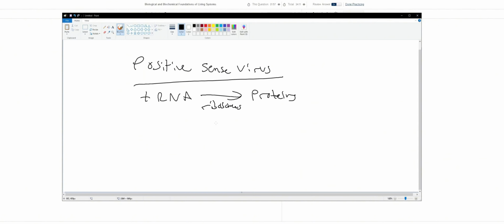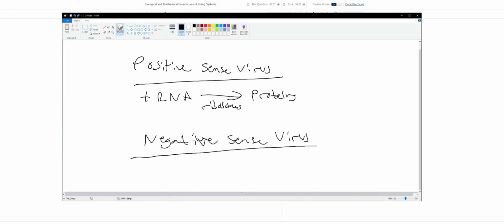But if we look at the difference, now we're looking at a negative sense virus. These guys come in as negative RNA, and then they have to go through this thing called transcription.